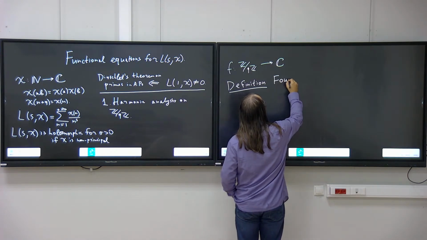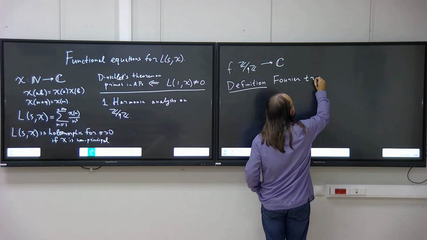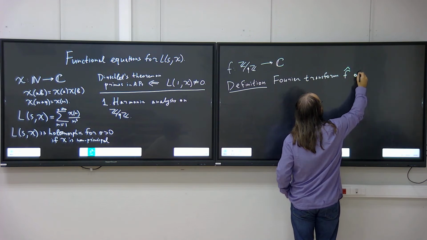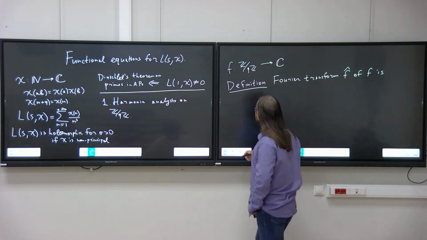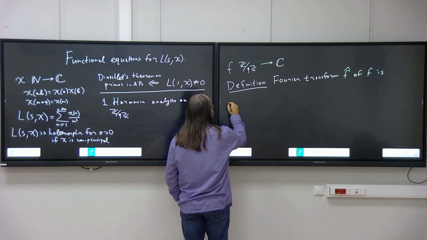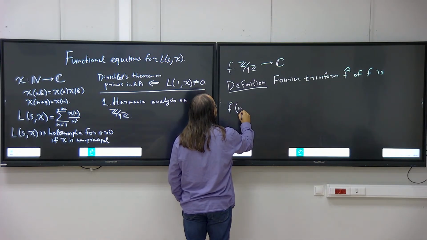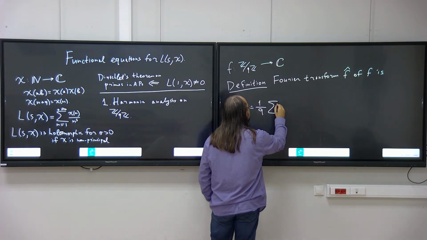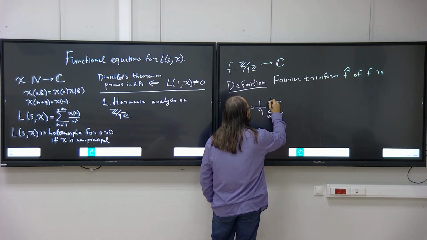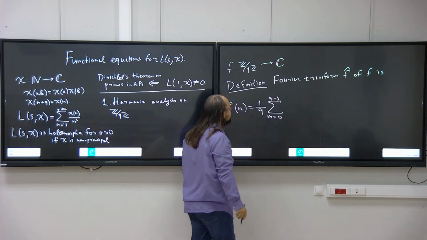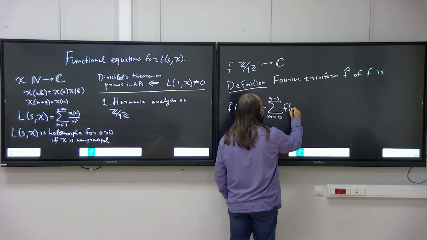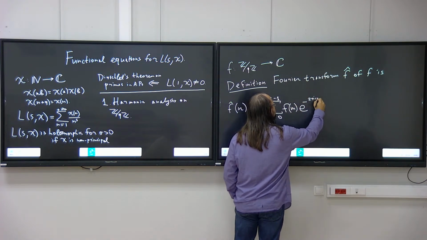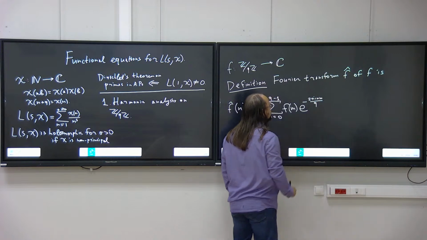The Fourier transform f hat of f is the following: f hat of n is 1 over q, sum over all m from 0 to q minus 1, f of m multiplied by e to the power minus 2 pi i n m over q.